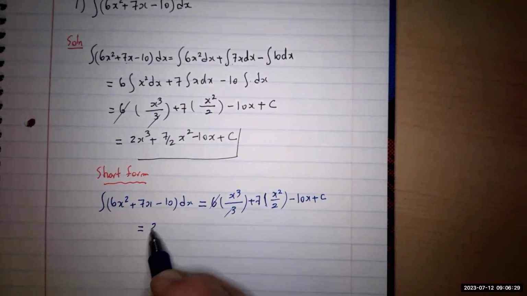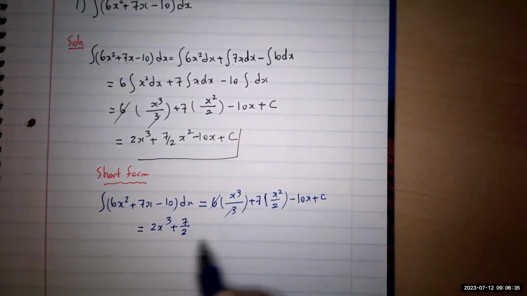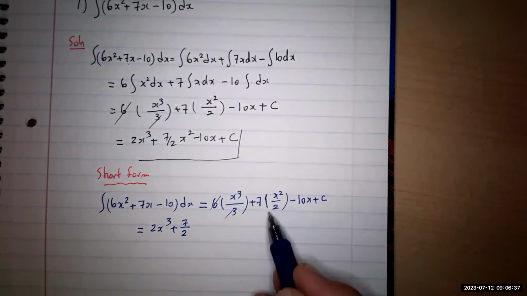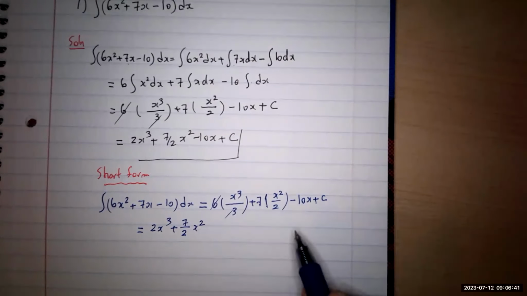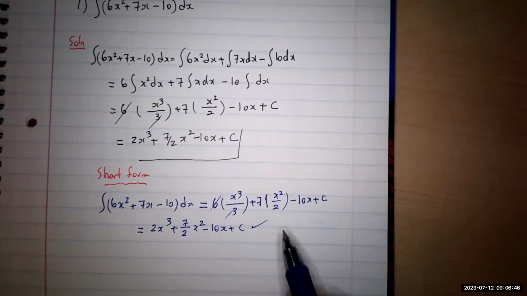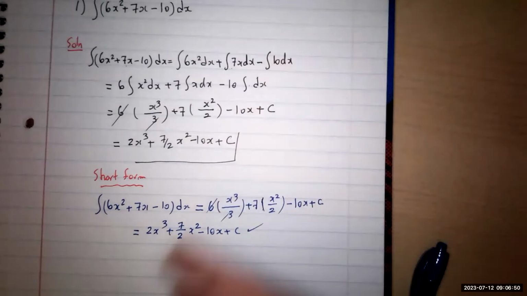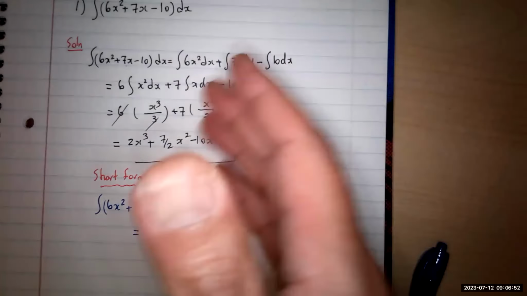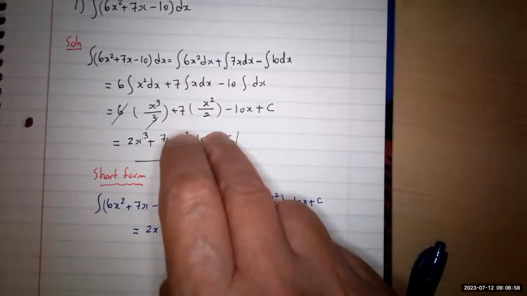You simplify it if you can, and then you have the final answer. So in this case, this is going to be 2x cubed, plus 7/2 of x squared. It's the way I write it down. Some people write 7x squared over 2, which is the same thing. Minus 10x plus c, and then we're done. Okay, we like this type of operation. I've seen some people break it like doing it by a machine. They write 1 page for this.